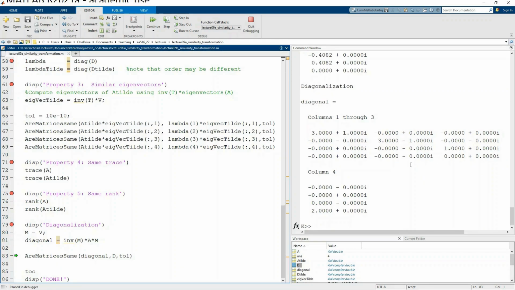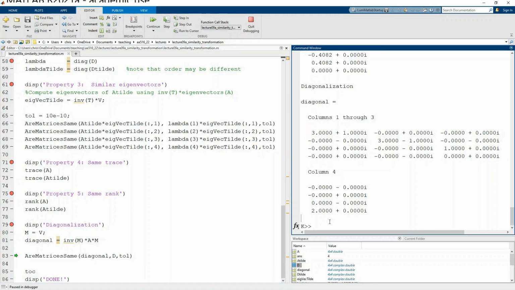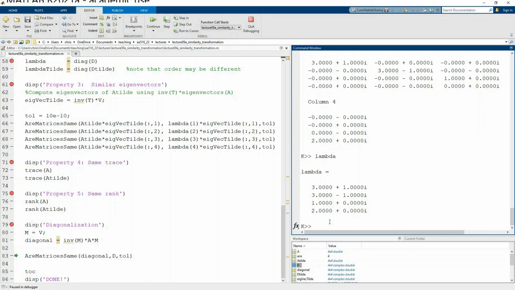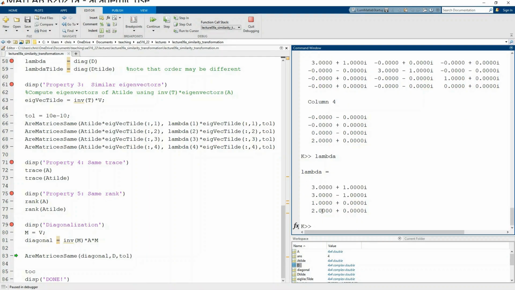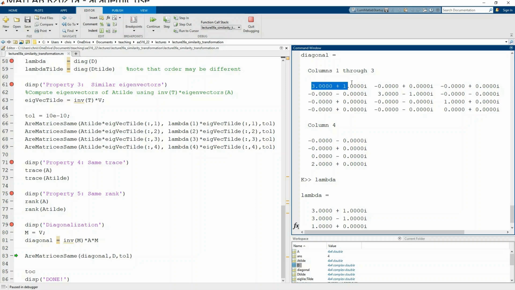Diagonal, this totally worked. If you remember, I made a variable lambda, which was the eigenvalues. It was 3 plus or minus 1, and 1 and 2. And look at this: here's 3 plus 1, here's 3 minus 1, here's 1, and then here's 2, all along the diagonal.